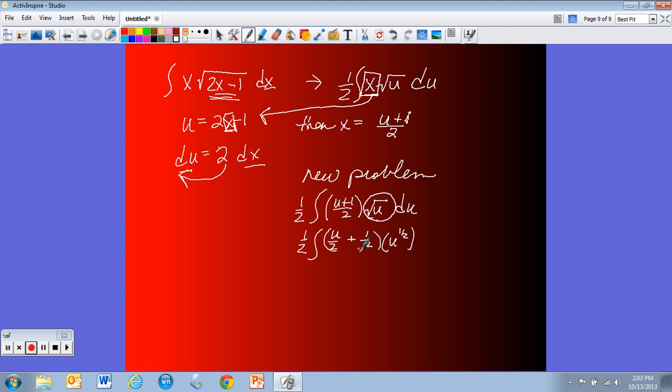Now let's distribute. Okay, so let's see if we remember how to do that algebra. I've got u to the 1/2 times u to the first over 2. So if I have a u to the first times u to the 1/2, that's really u to the 3/2, and it's still over 2.